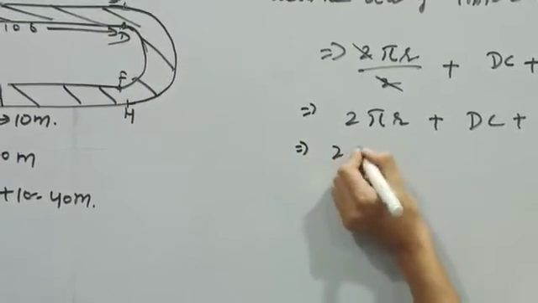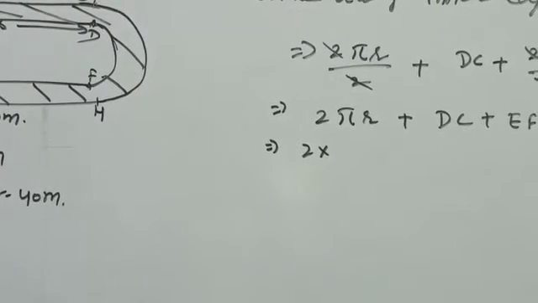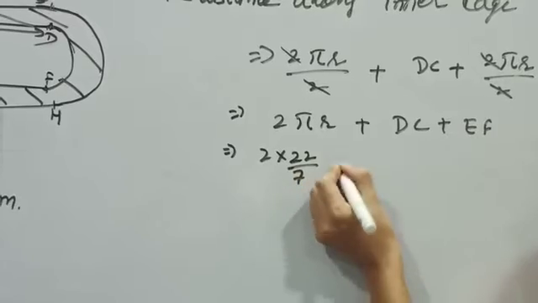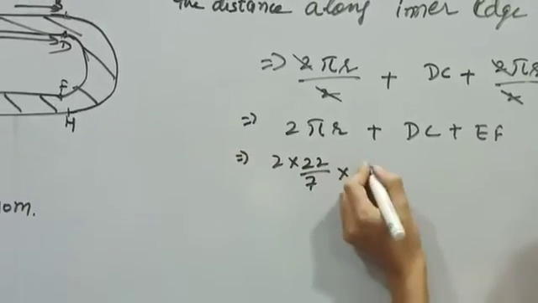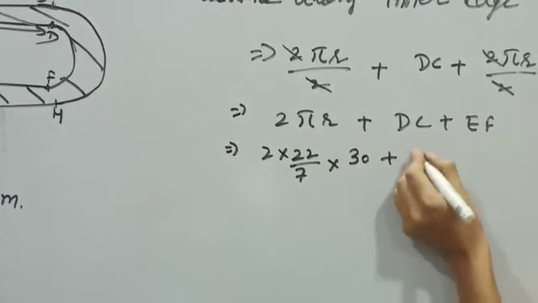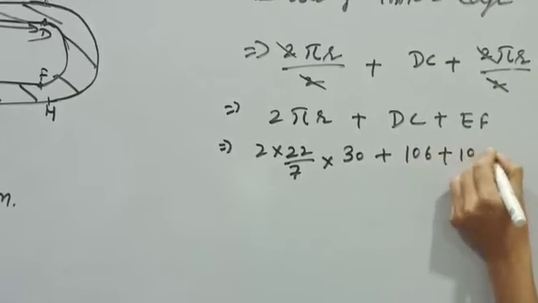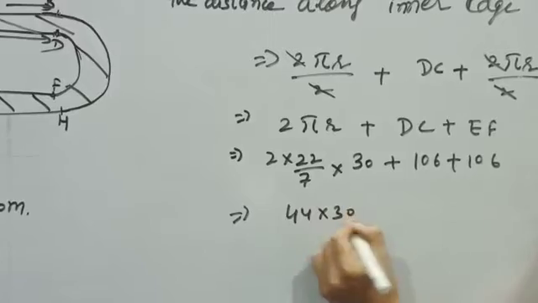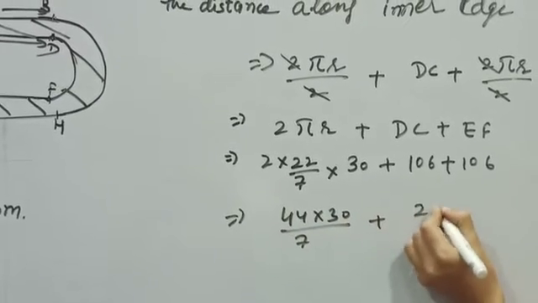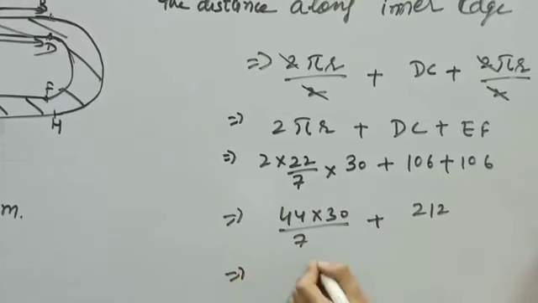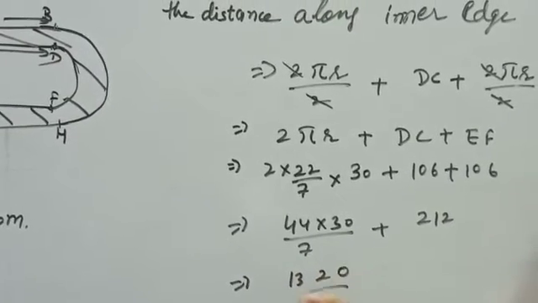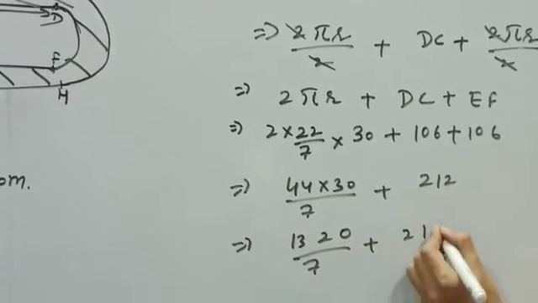So we can write the dimensions. For 2 pi, they say to consider 22 upon 7, and the inner radius is 30. So plus 106 plus 106. It makes 44 into 30 upon 7 plus 212. So it makes 1320 upon 7 plus 212.